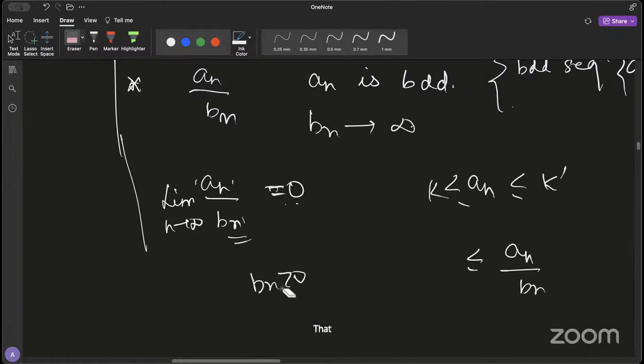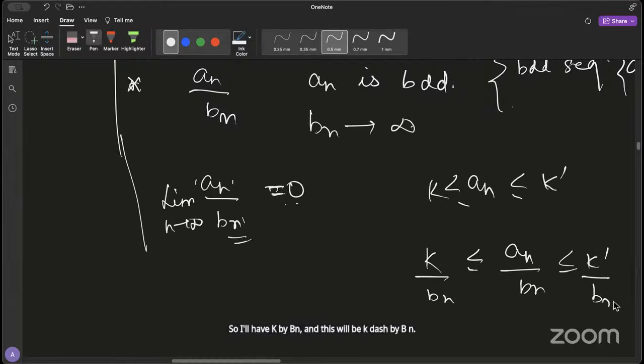That means it keeps growing, it keeps increasing. That means eventually, after a certain stage, let's say after B30, it will be greater than 0. If it remained less than 0, then how can it tend to infinity? Infinity is on the positive side. That means Bn is positive eventually. So I can divide by Bn on all sides here. So I'll have k by Bn, and this will be k dash by Bn.